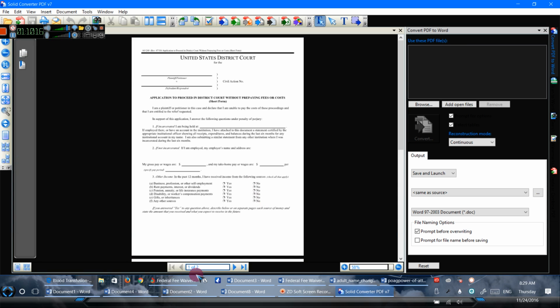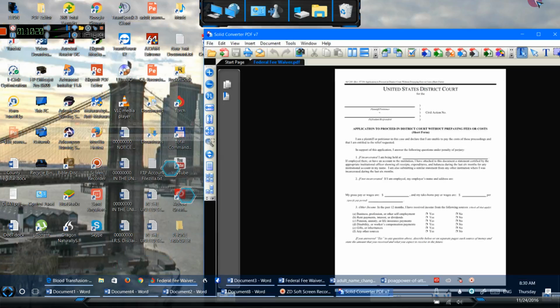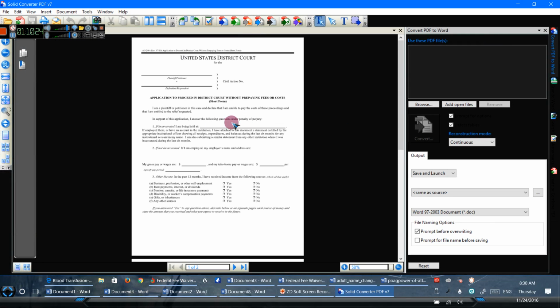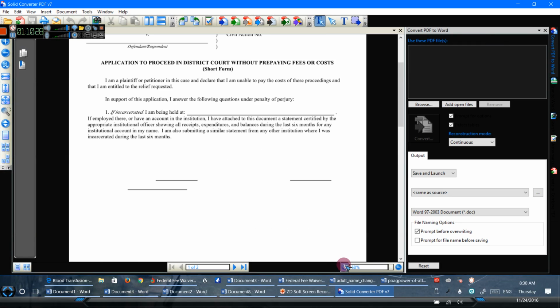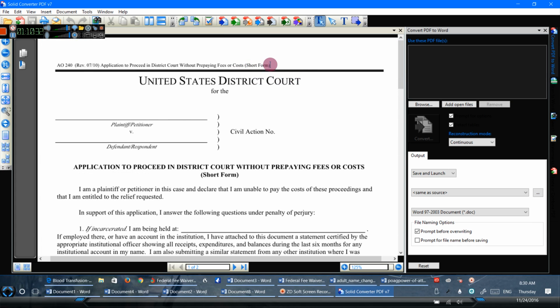Okay. Now, I want you to pay attention. This fee waiver is this fee waiver. I didn't tell you to minimize. Okay, this fee waiver is that fee waiver. To prove it to you, let's show you this record. Short form. So, we're going to convert this. Let's see.